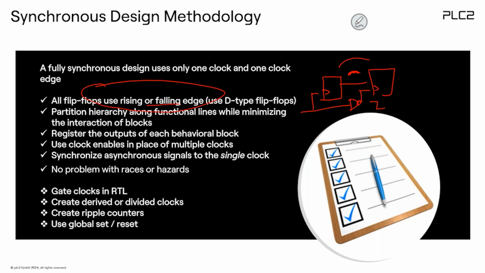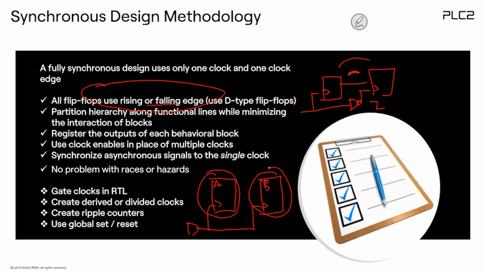When you partition your design, maybe the hierarchy, you should do it in a way that minimizes the number of connections. If this is block A and this is block B, and we have a clock buffer which runs here and here, that's okay, but when you do the hierarchical partition, it's your decision.